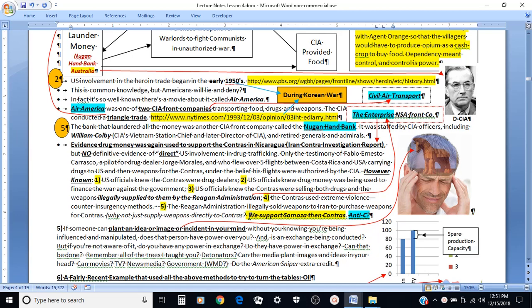So, it's part of the craziness of the Cold War, where we supported brutal, corrupt dictators like Somoza, and then later the Contras, who were just corrupt, drug-dealing, brutal people, right? In the name of fighting communism, anti-communism, when in fact a core of communist ideology is Western support for brutal puppet dictators just like this, right?